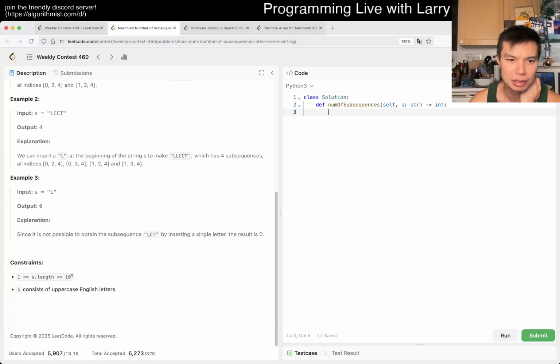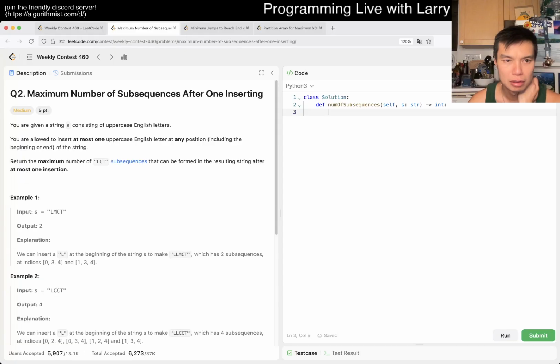Actually, I'm confused why this is hard. Because the C, you just prefix sum it, right? So I think this is probably right. Score, everything score. Let's go best.